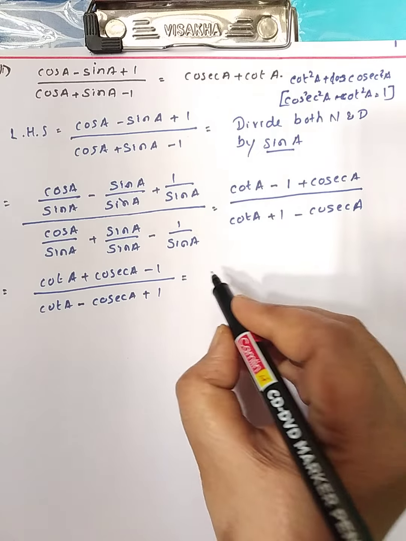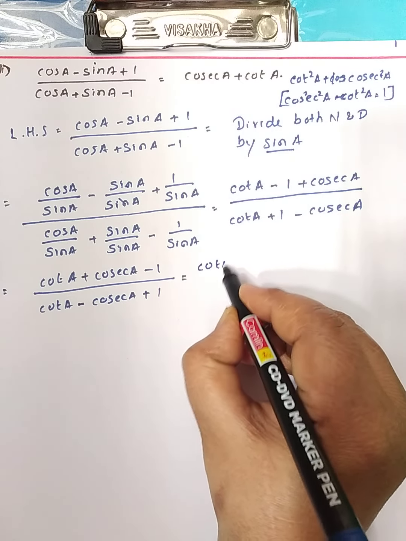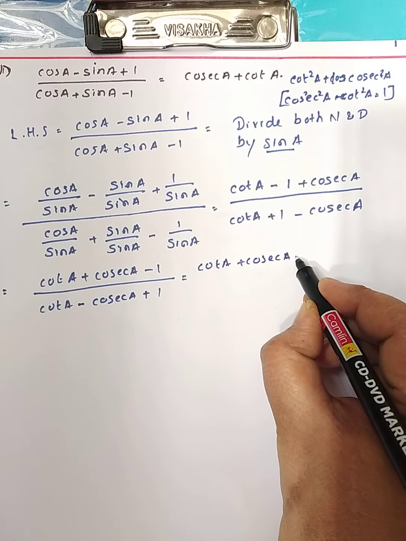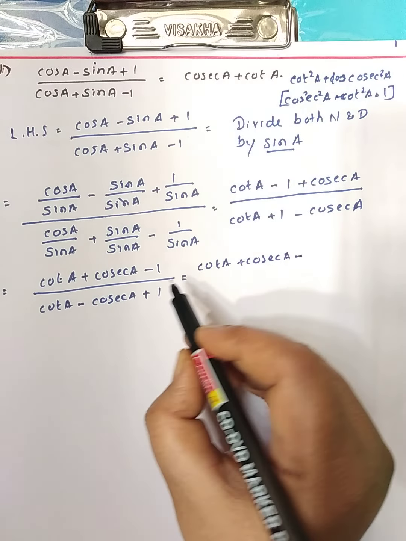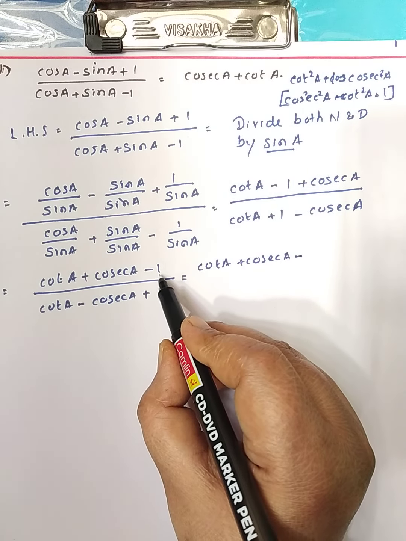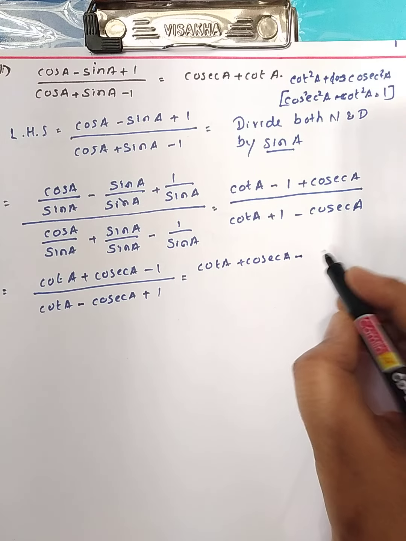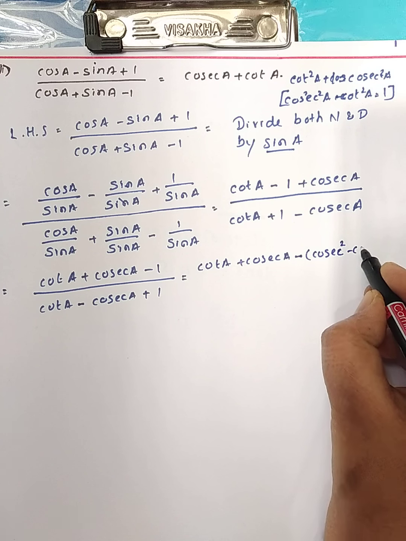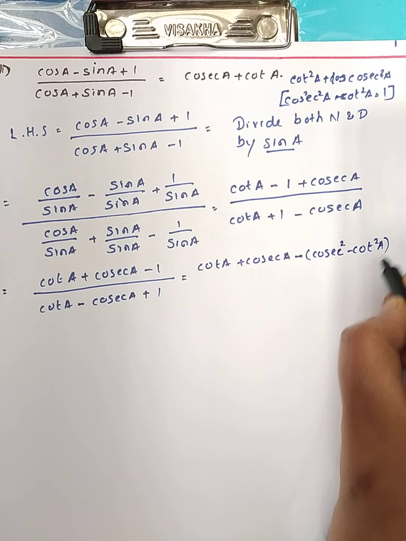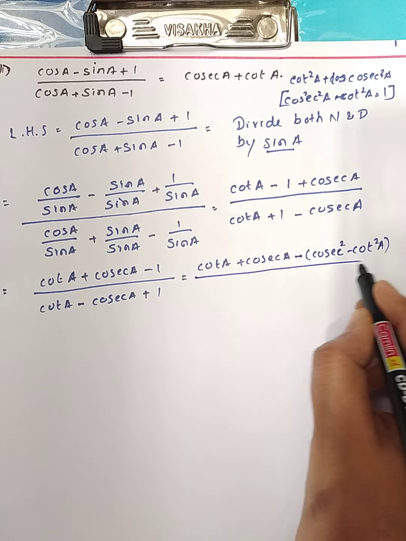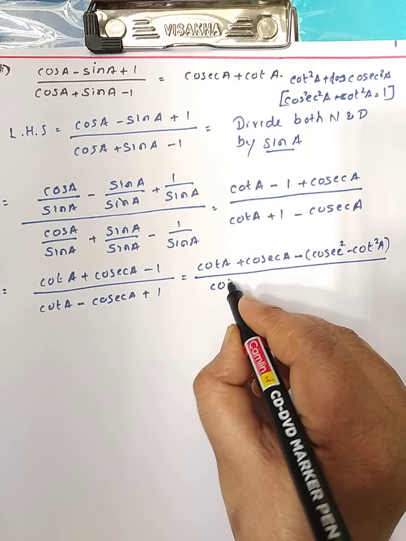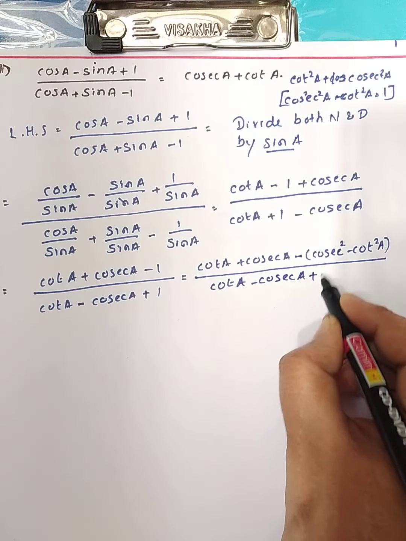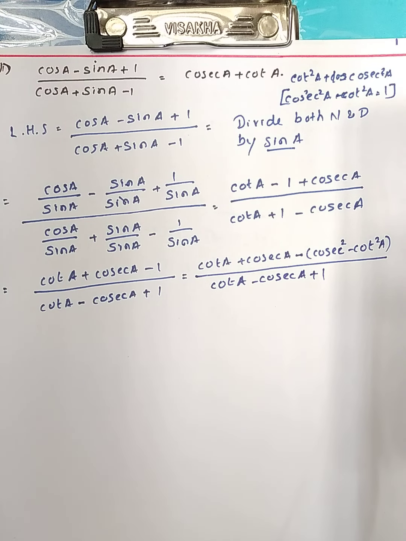Now in the numerator, cot A plus cosec A minus, replace 1 by cosec square A minus cot square A, whole divided by cot A minus cosec A plus 1.